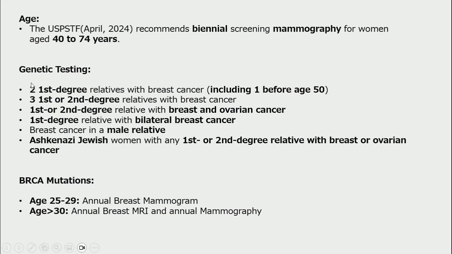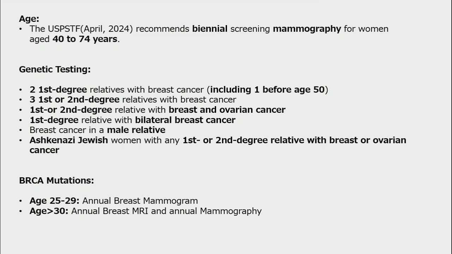First, if you have two first degree relatives with breast cancer and one of them is younger than 50, you will think of genetic testing for the patient. If there are three first or second degree relatives, regardless of age, either first degree, second degree or a mix, you will think of genetic testing.